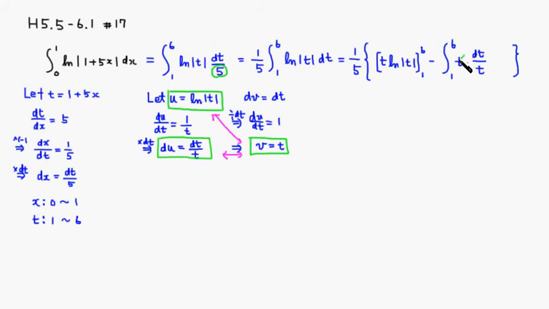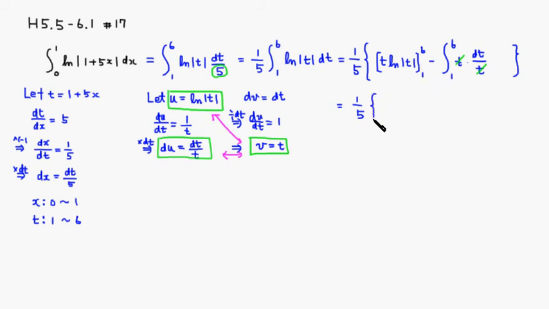All right, then we can clean up a bit. So t on top and t on the bottom cancel out. 1/5 is still out here. Then just plug it in.